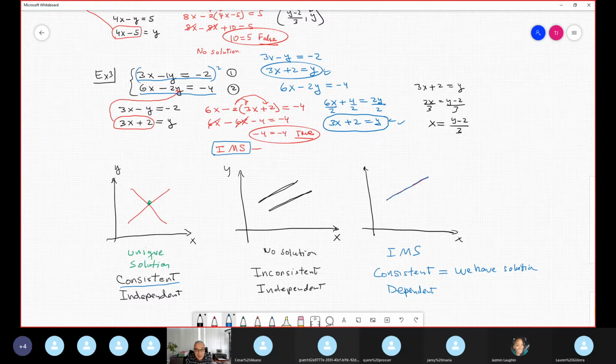And one fantastic way to verify whether two equations are dependent or independent was this idea: you multiply by 2, or not necessarily by 2, by any number, by any constant. In order to verify whether one equation is dependent on another, if you are able to multiply by a number, positive or negative, and get exactly the other equation, then these equations are dependent.